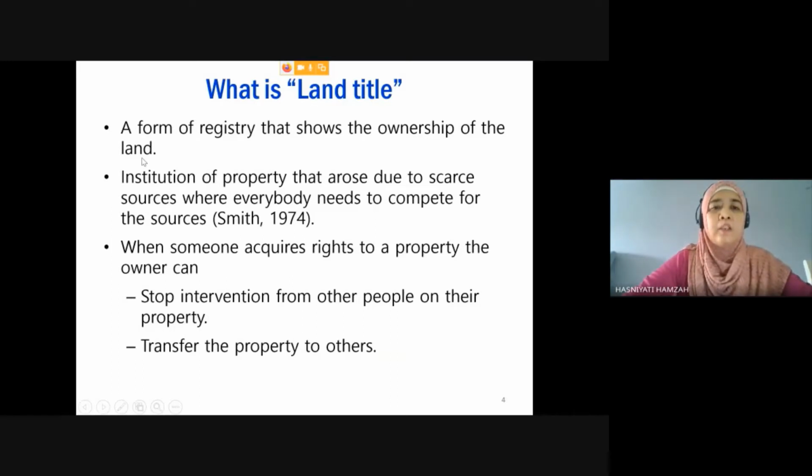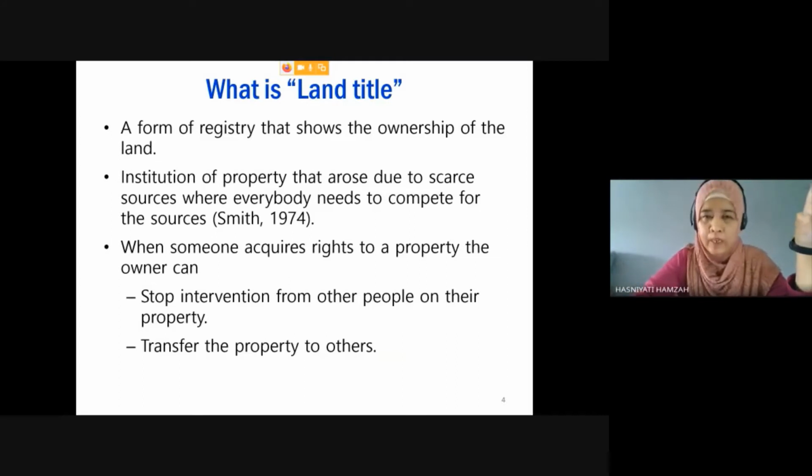Now, the institution of property arose due to scarce resources, where everybody needs to compete for the resources. So the institution of land registry arose because land is a scarce resource. At one time, in that technology era, land supply could not be increased.